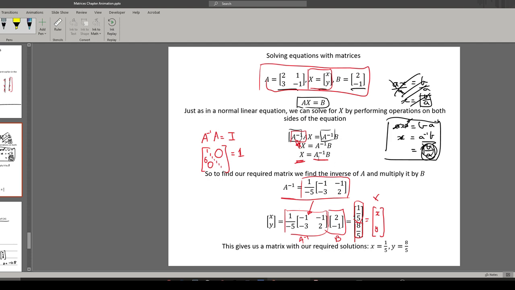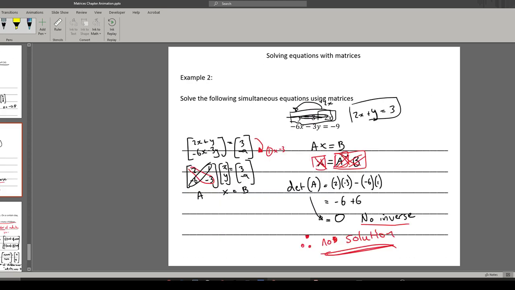X is equal to the inverse of A times B, and we can do that either using CAS or by hand. Finding the inverse like we normally do, and then multiplying it by B, or we can do it all on the CAS. And these were the examples.